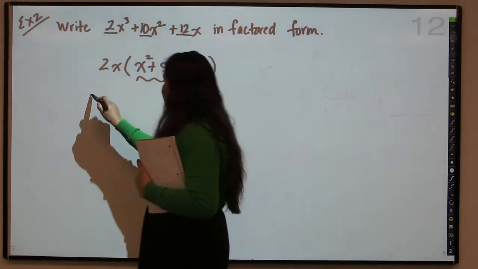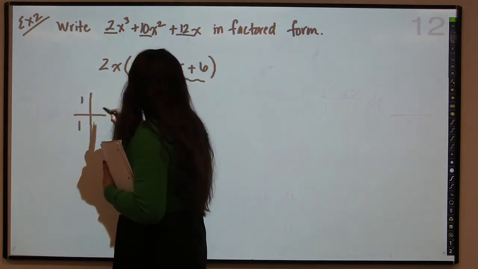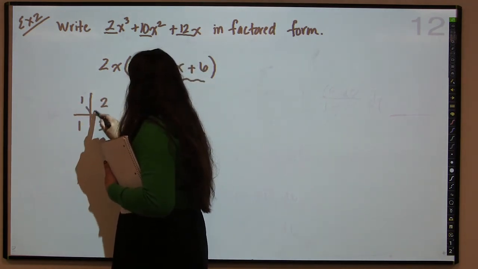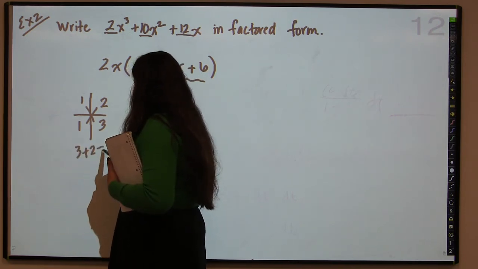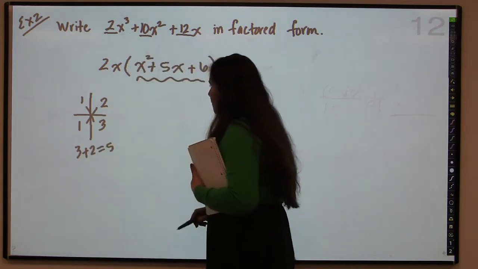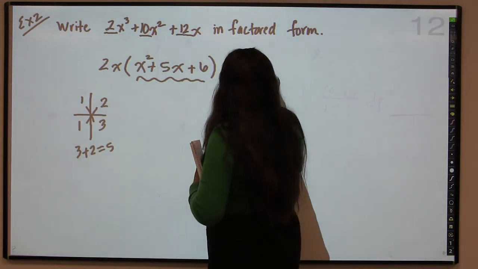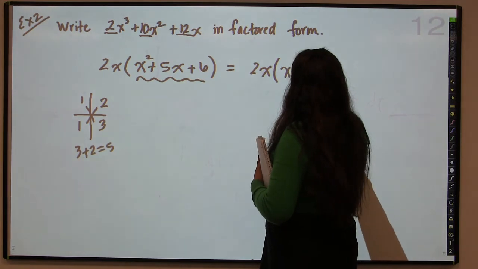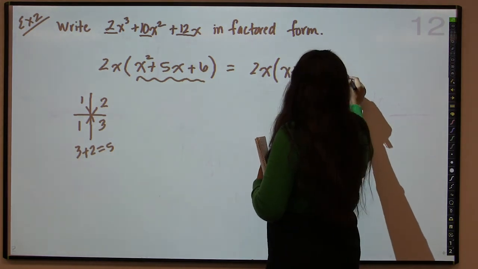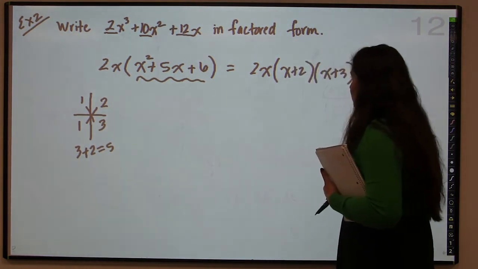Okay, our factors are going to be 2 and 3. Yay, finally, third time's a charm. 3 plus 2 is 5. That is our factorization. So finally we can write this as 2x multiplied by x plus 2 and then by x plus 3. And there is our factored form.